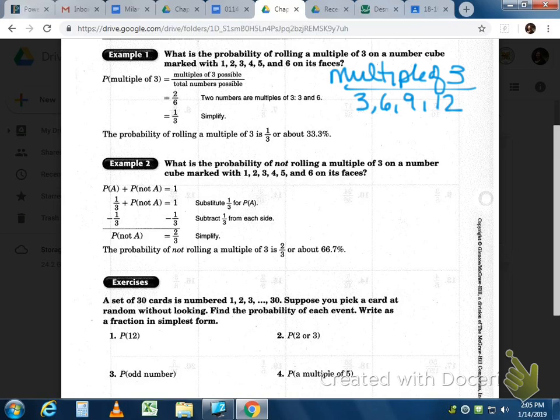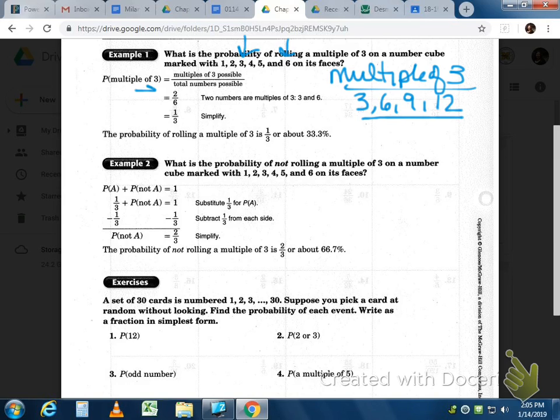A multiple of 3 is where you multiply 3 times numbers. So 3 times 1 is 3, 3 times 2 is 6, 3 times 3 is 9, and so on. So multiples of 3 are 3, 6, 9, and 12. But on that number cube, the ones that are multiples of 3 are just 3 and 6.